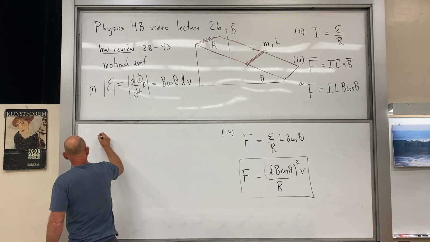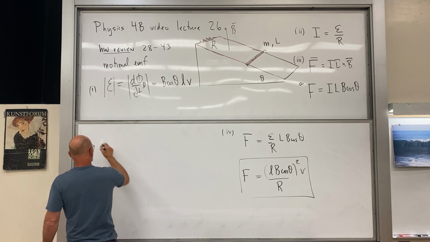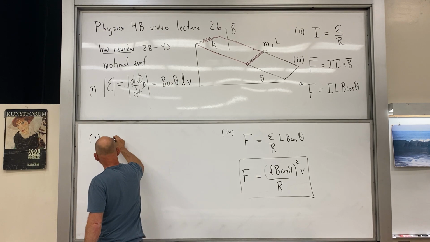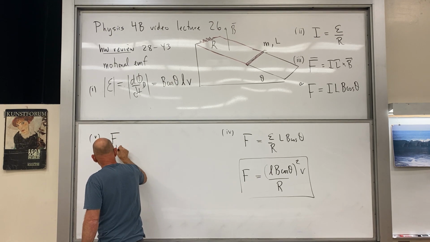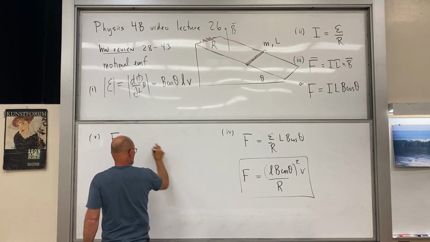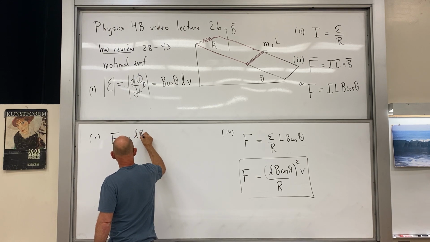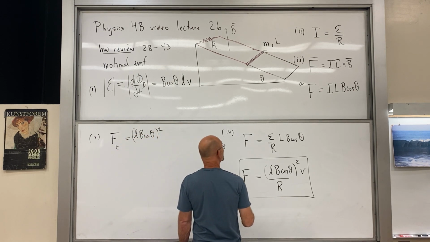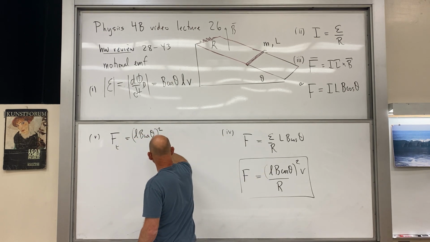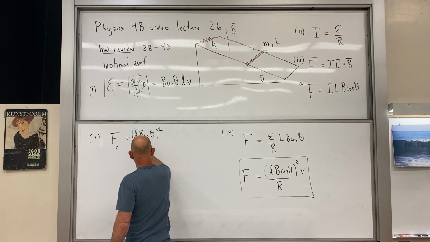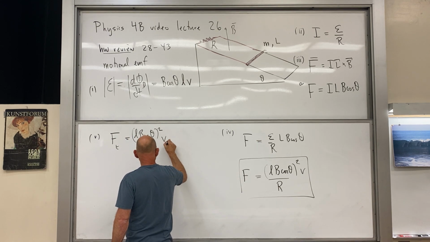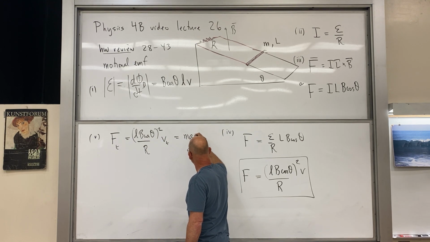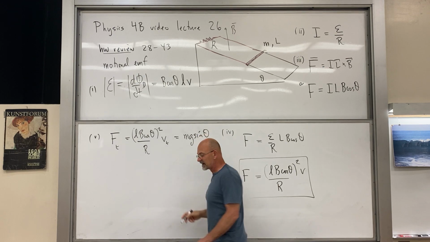So for the final part here, we have F terminal, (L B cos theta) squared over R times v terminal. I went to a lowercase l, that's all right. What's that going to be? That's going to be mg sine of theta.